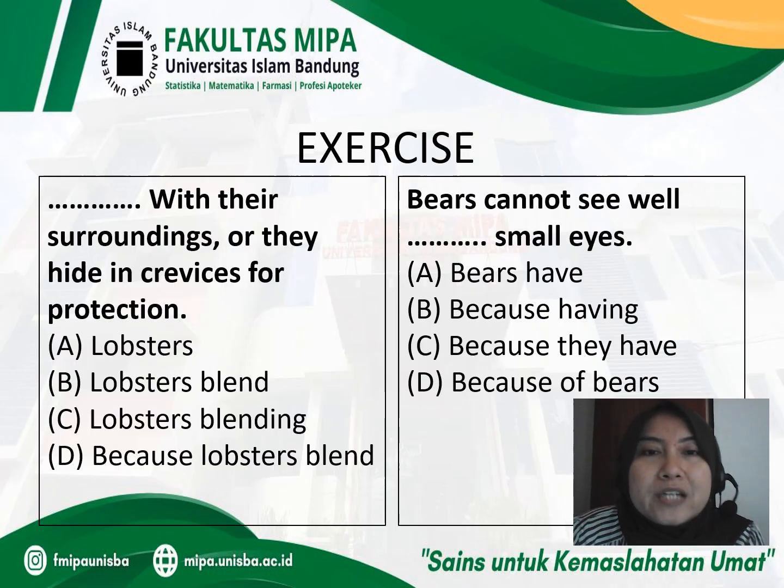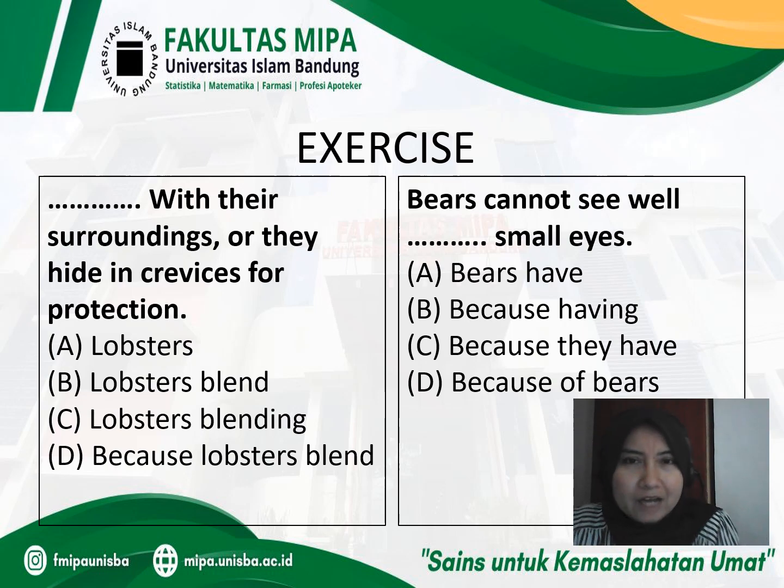So let's check option A. Option A, bears have, is incomplete. And B, because having, is also incorrect grammar. Option C, because they have, needs a full clause after it. They have what?